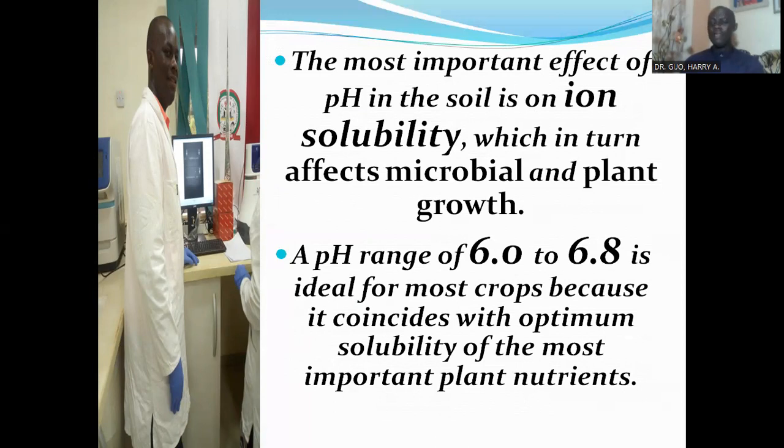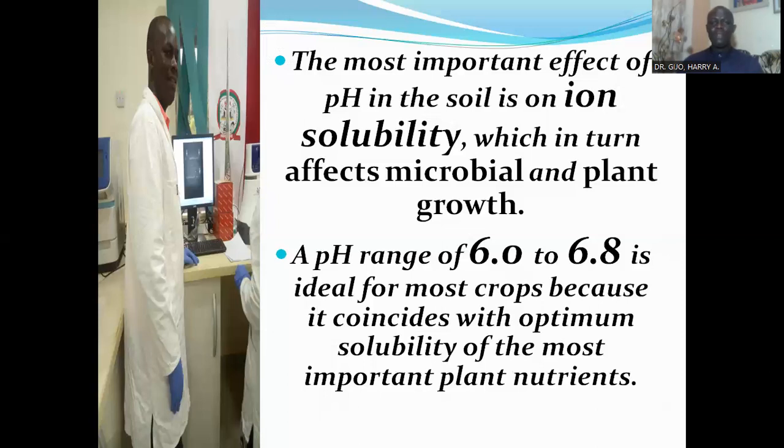So pH is very important in ion solubility, the ability of these ions to be properly mixed or dissolved in water. This ability is determined by the pH of the soil, and it also affects microbial and plant growth.